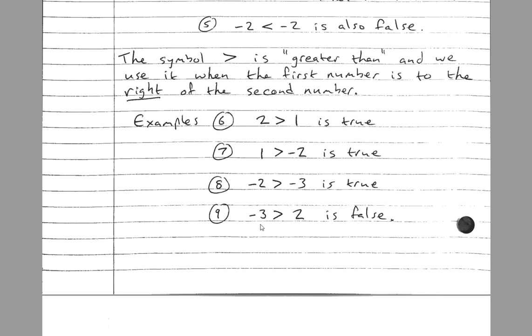So negative 3 is to the left of 0, 2 is to the right of 0, so the correct statement here would be the less than. So negative 3 is less than 2. Well, this way around is false.